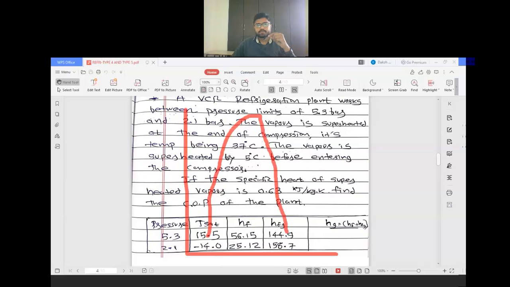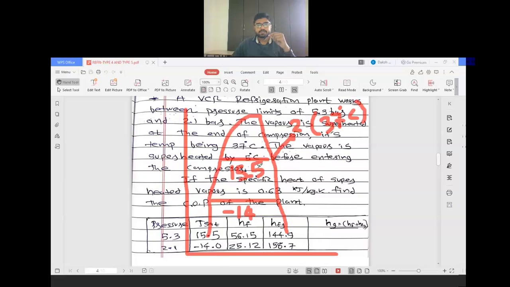I told you that 2 temperatures are already given, these are our 15.5 and minus 14. Now here at point number 2, what is the temperature? 37 already given. This temperature is 37.